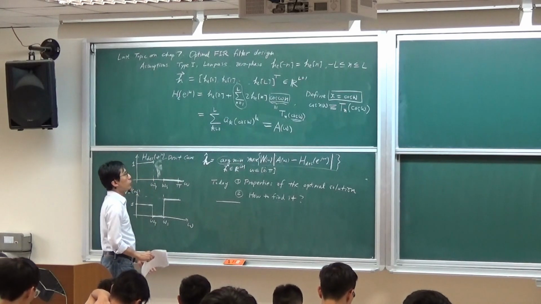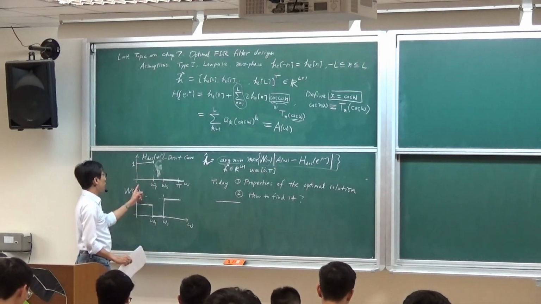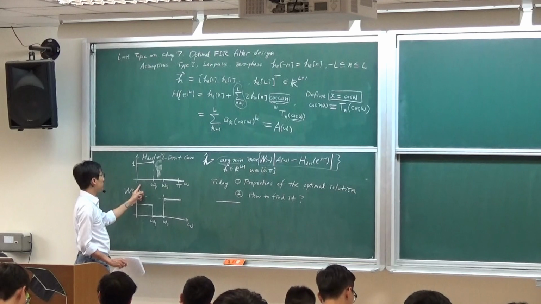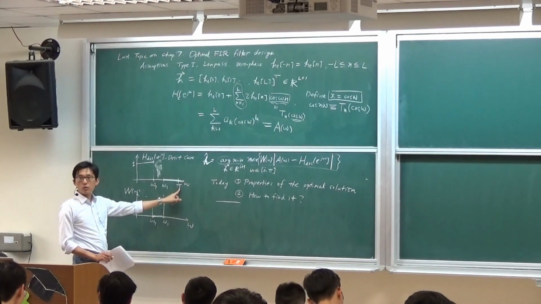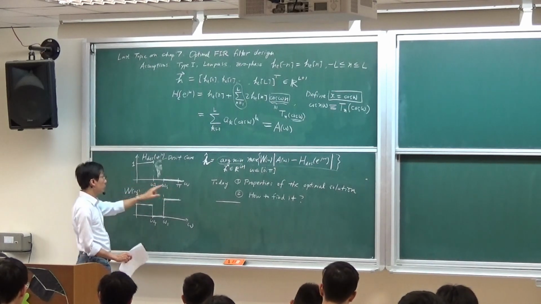But it turns out that there's a one-to-one mapping between omega. Our omega goes from 0 to pi, right? Our omega is defined in the region 0 to pi.